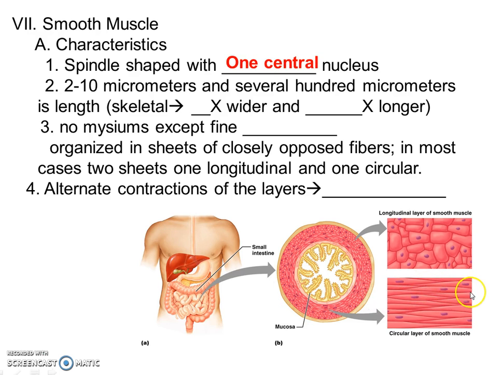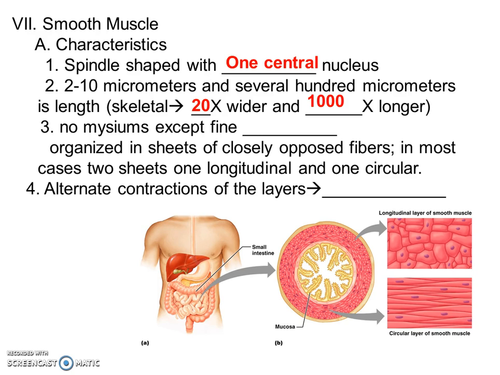Fat in the middle and skinny on the end. That's what we mean by spindle shape, with one central nucleus. They're going to be about 2 to 10 micrometers wide and several hundred micrometers in length. Remember, that's very small compared to skeletal muscle. Skeletal muscle is 20 times wider and 1,000 times longer. We can't see micrometers, but we can see skeletal muscle.